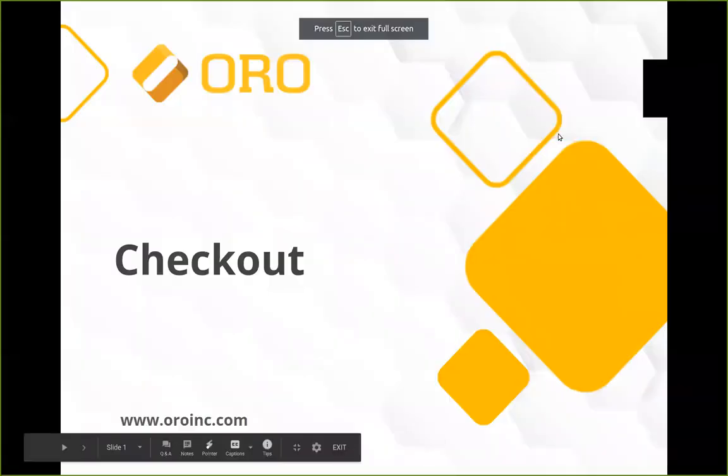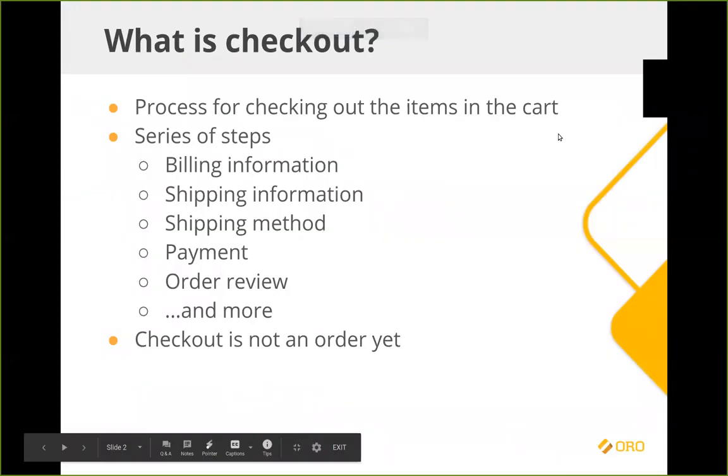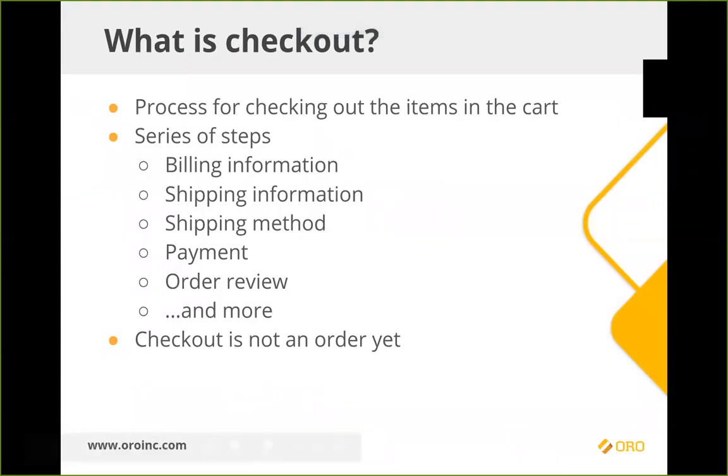The first thing we'd like to do is understand what checkout is and how it's used in the application. Checkout is a process for checking out the items in the cart.